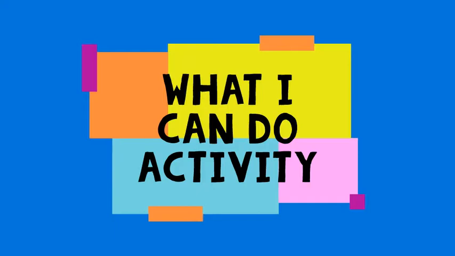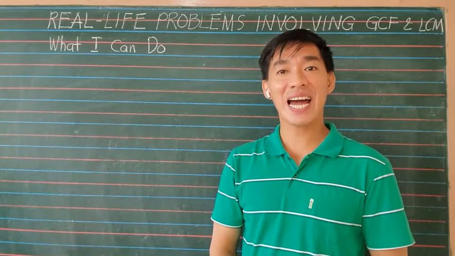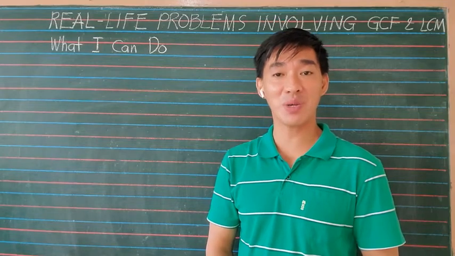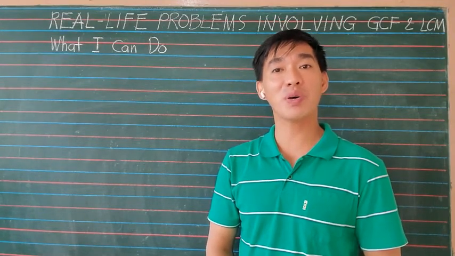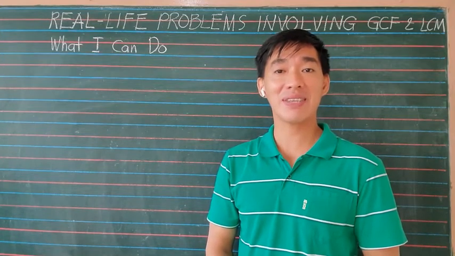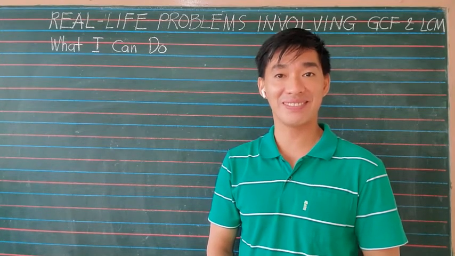This time, let us do page 7 of your module, which is the What I Can Do activity. However, if you don't have your module with you, I will show you now the activity that you will have to solve.